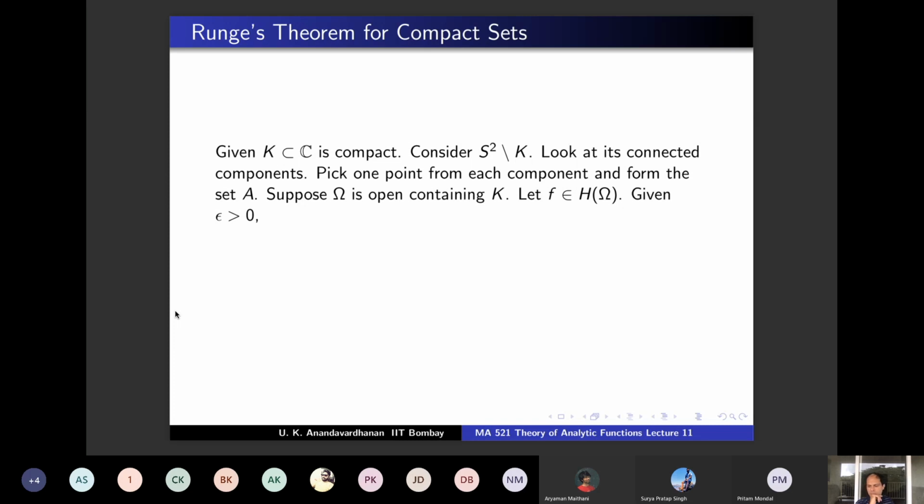Since the question has come, if you consider some subset in S2, then the only other point is infinity, and if you have a function holomorphic at infinity, what does that mean?